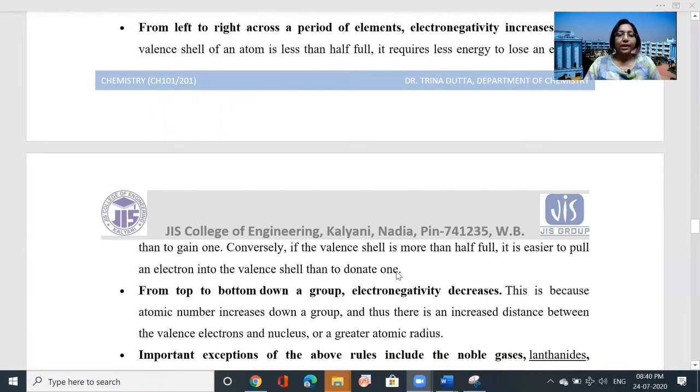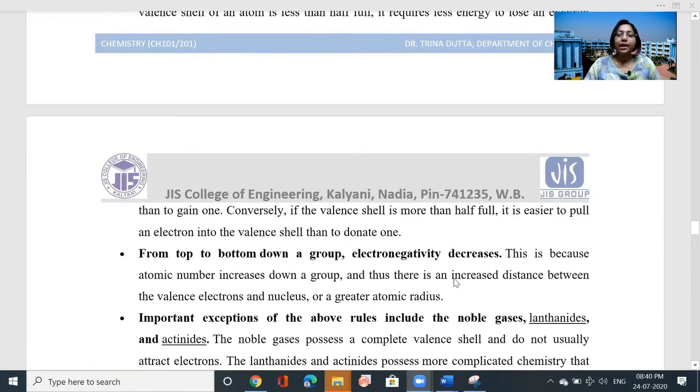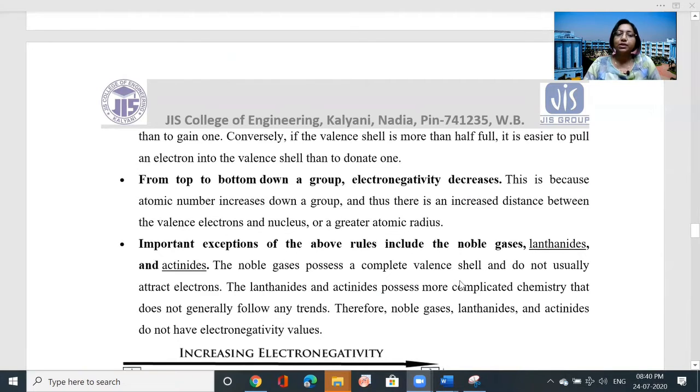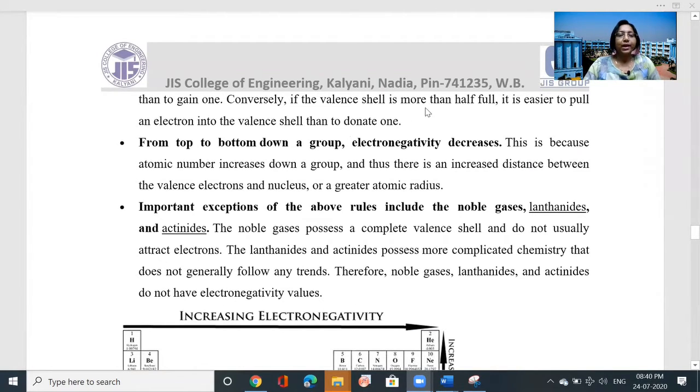Conversely, if the valence shell is more than half full, it is easier to pull an electron into the valence shell than to donate one. Now, from top to bottom down a group, electronegativity decreases.